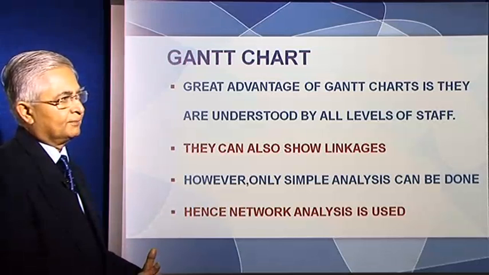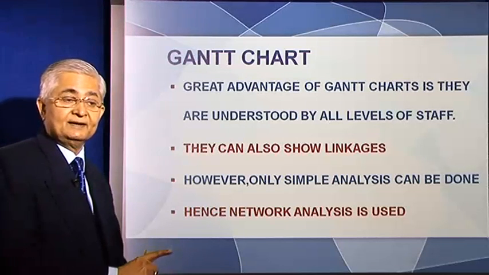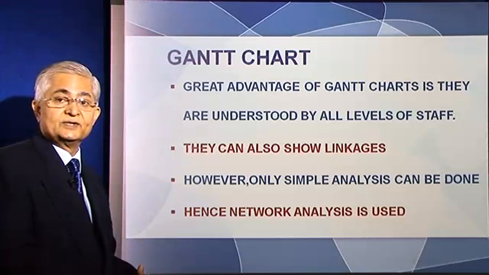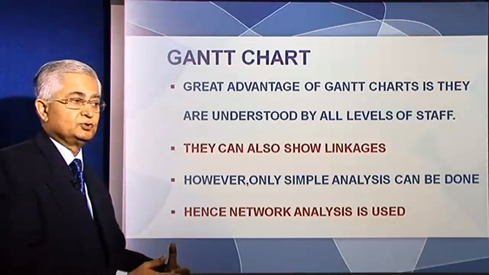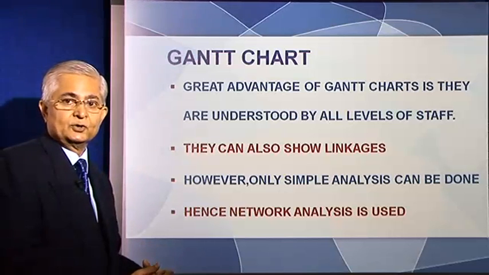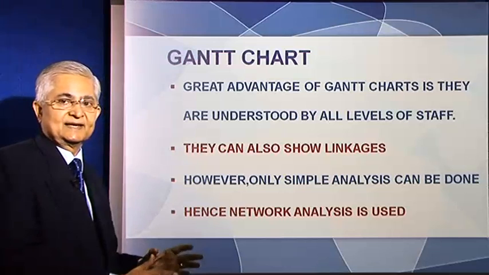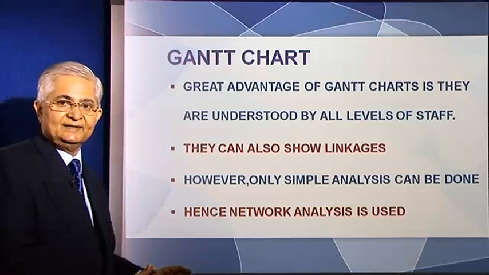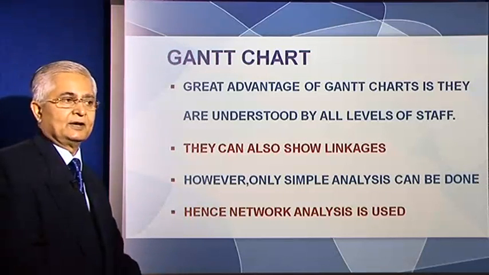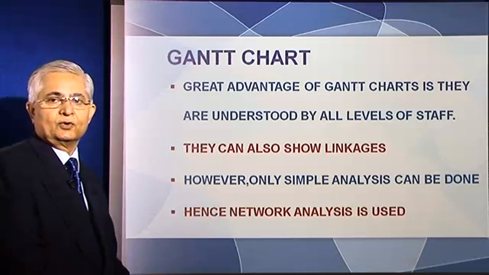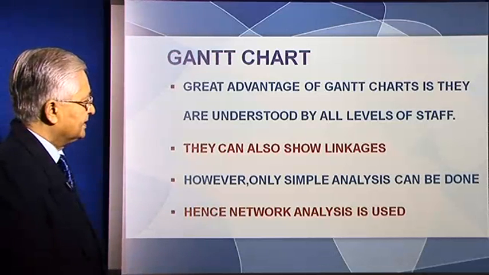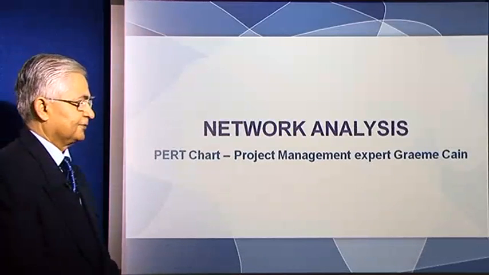For more complicated analysis, particularly for analysis where you bring in the issue of resources and look at resource balancing, that kind of analysis cannot be done with the GANTT chart at all. For that, we need to go to the network analysis technique, right?